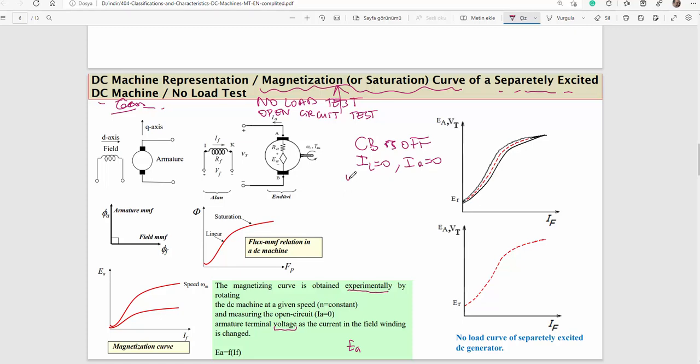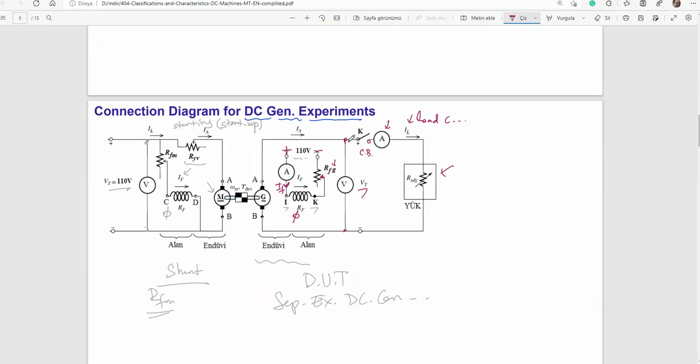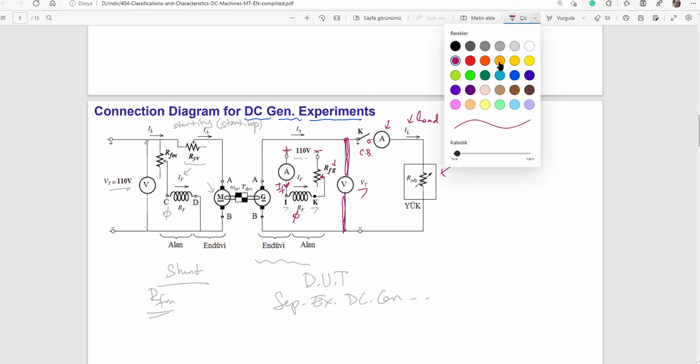And then rotate the machine at a certain value. The DC machine is driven at a given speed, let's say rated nominal speed, and it is kept constant during the experiment. Observe the armature terminal voltage. Here it is. Terminal voltage. And here's a Kirchhoff's voltage loop.